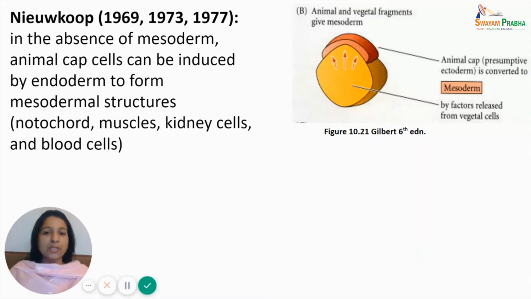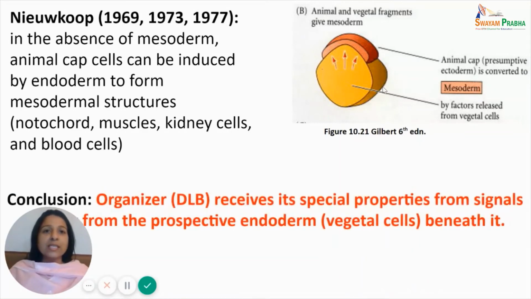Thus it was concluded that the vegetal cells underlying the prospective dorsal blastopore region are responsible for initiating gastrulation, or that the organizer or the dorsal blastopore lip receives its special properties from signals coming from the prospective endodermal or the vegetal cells beneath it.